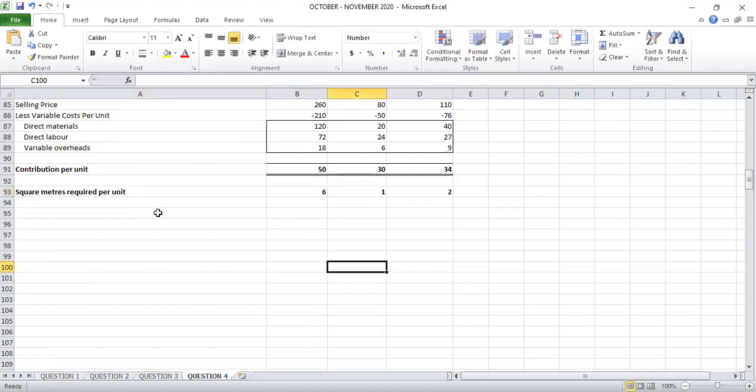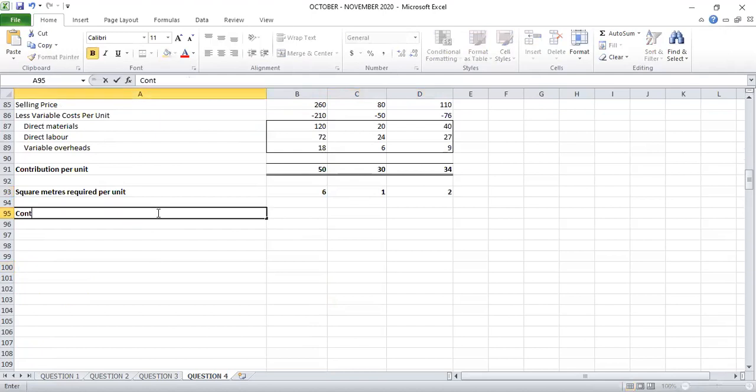Right. Then the contribution per square meter. So if it was the direct labor hours that were in short supply, we're going to find the contribution per labor hour. But considering that it is the square meters of material that are in short supply, we find the contribution per square meter. So say 50 divided by 6.